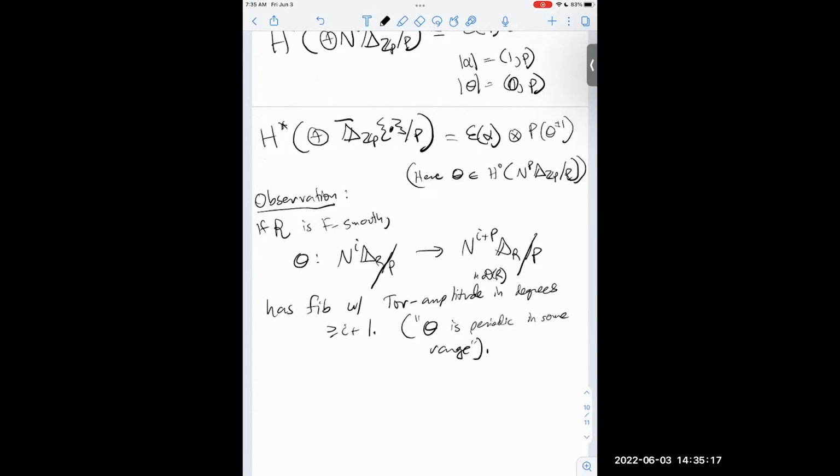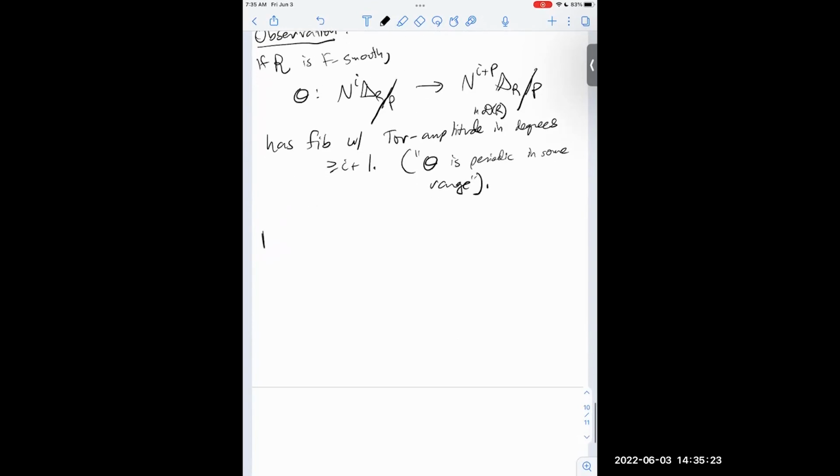Okay, so now let me explain some properties, so that this notion of F smoothness is somehow robust. Proposition: the class of F smooth rings is, first of all, étale local and closed under étale extensions.